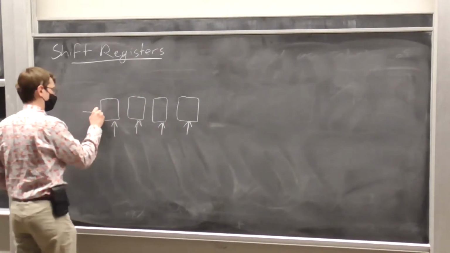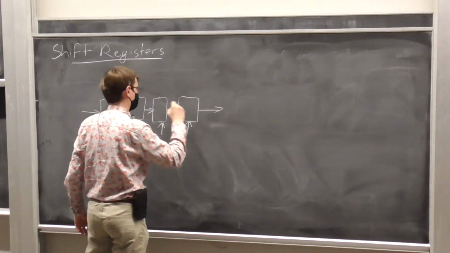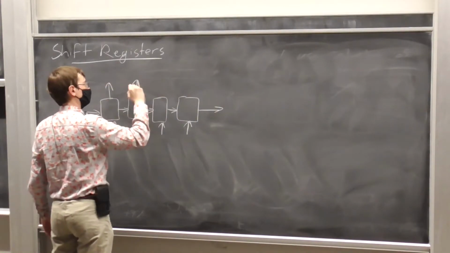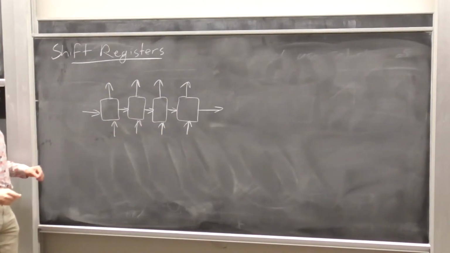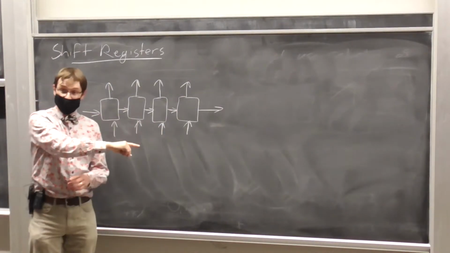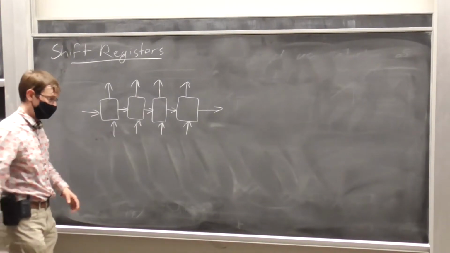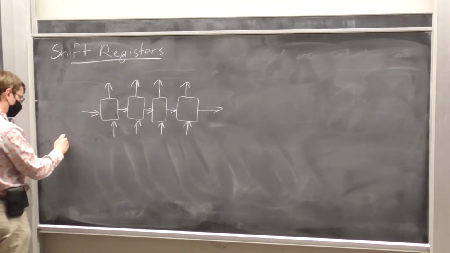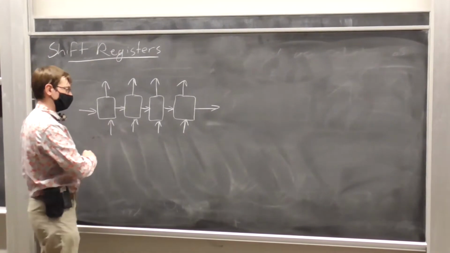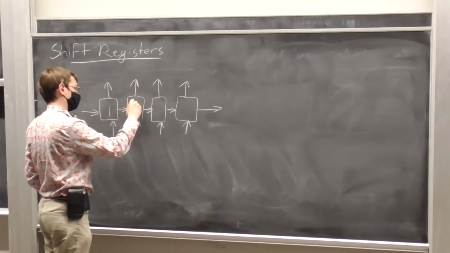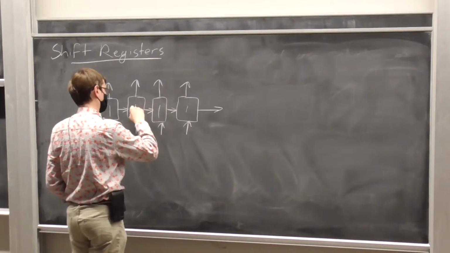Essentially, there are 2 ways in and 2 ways out. So you can load data in parallel. If we imagine for a moment we're working with 4-bit arithmetic, if we had the number 7, for instance, that would be 1, 3, 7.